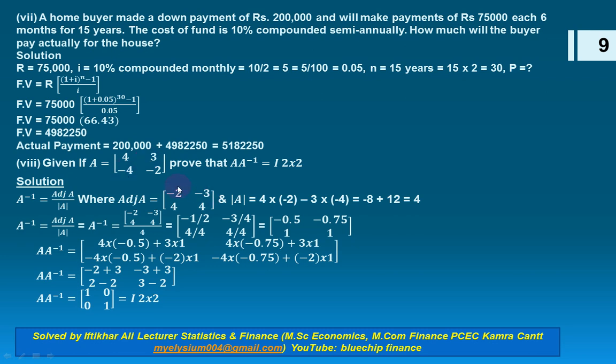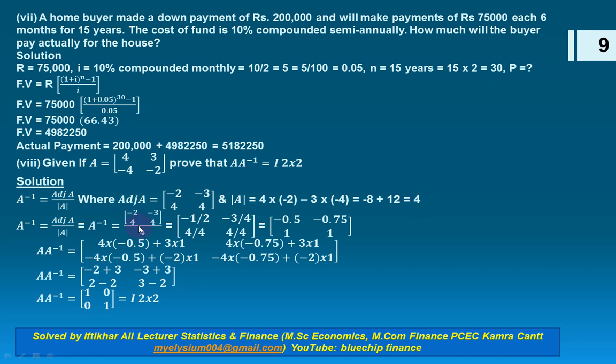So that will be the adjoint of A, and the determinant is always the cross multiplication of these two, subtracting the answers. So 4 multiplied by -2 minus 3 multiplied by -4, and the determinant will be 4.